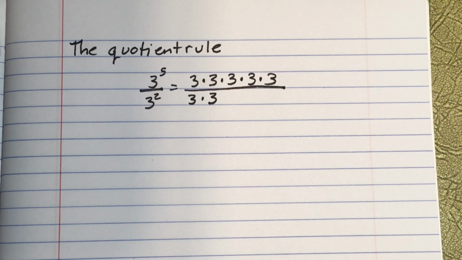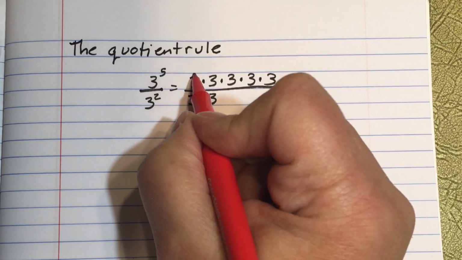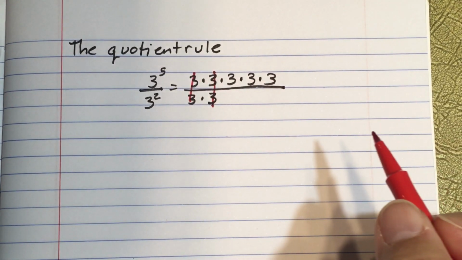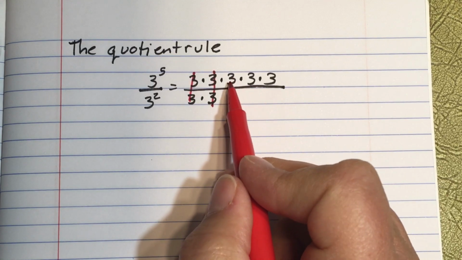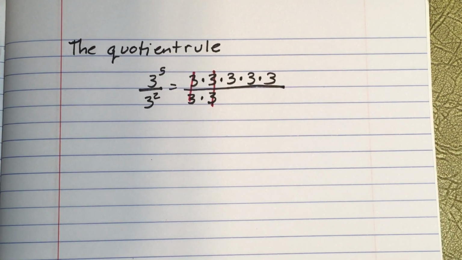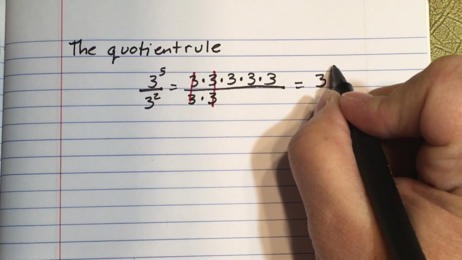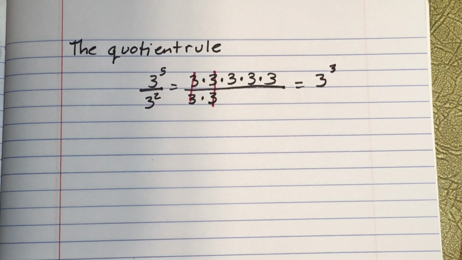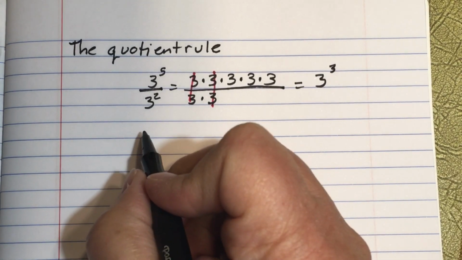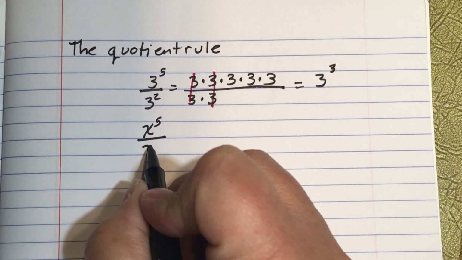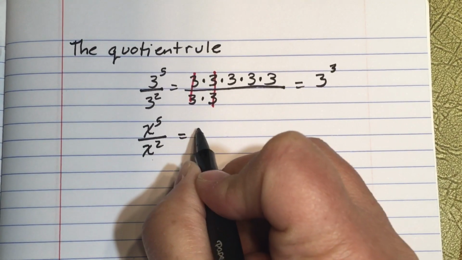Wait a second. 3 divided by 3 is just 1. 3 divided by 3 is just 1. What I have left, 3 times 3 times 3, is going to be 3 to the 3rd power. Now I can do the same thing with variables. If I had x to the 5th power divided by x squared, it would be the same.